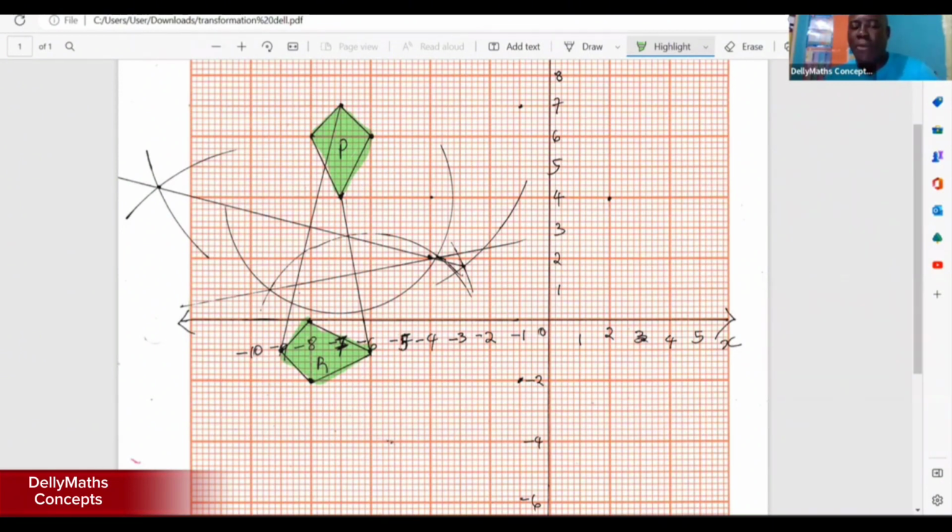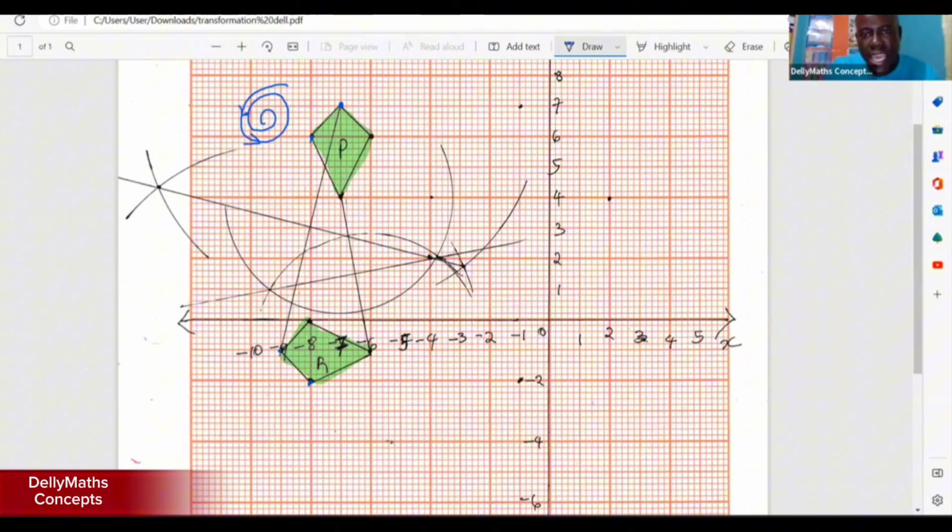Because of that, we are left with a rotation, and you could see that it was rotating, because if you look at this point here, it goes to this point underneath here, going in that anti-clockwise direction.